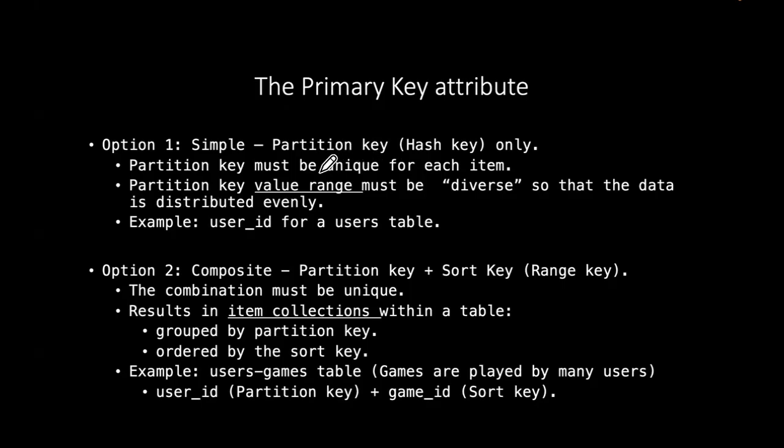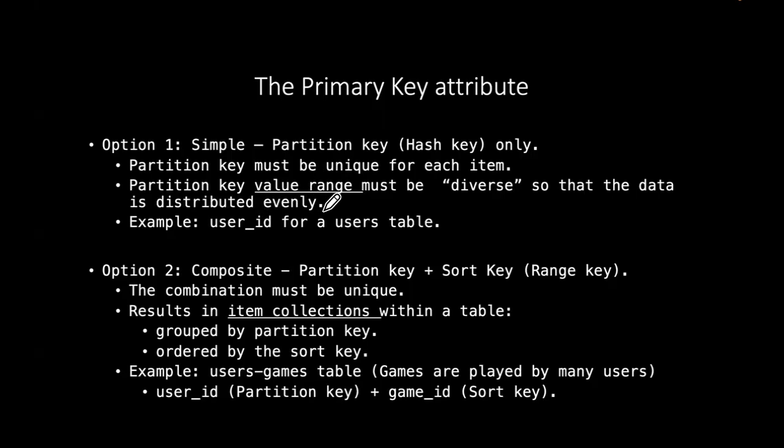That's fine, and the range of values of your primary key slash partition key should be diverse. A broad range of values possible. That would make sense for a primary key as well in our understanding from the relational database world. But it turns out that this partition key plays a role in where your data is actually stored.